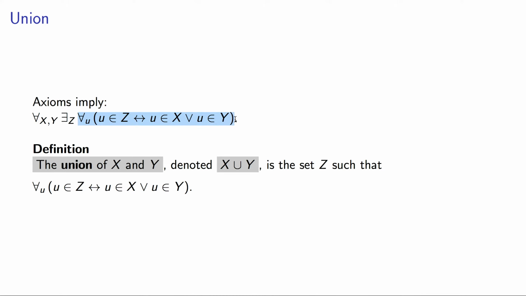This formula is taken as a definition of the union operation on sets X and Y. So the union of X and Y is denoted using this symbol. This is the union symbol. And X union Y is the set Z which has this property.